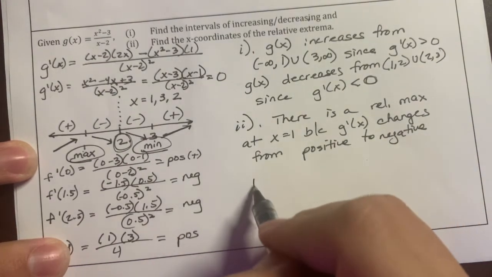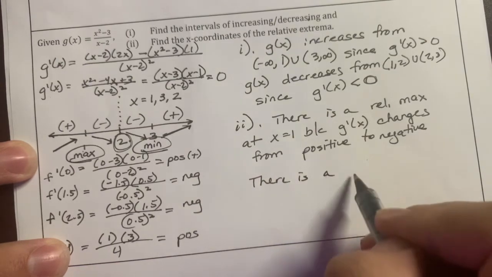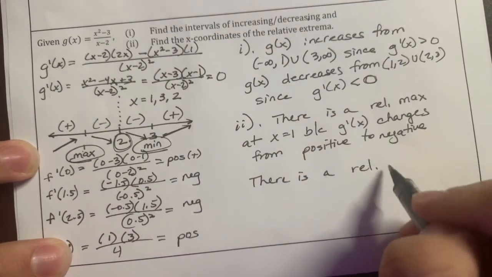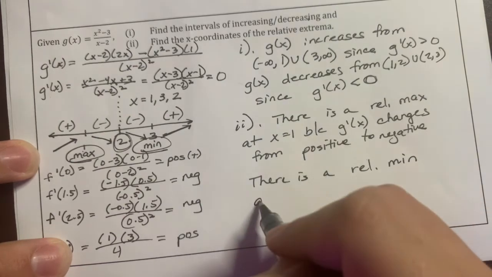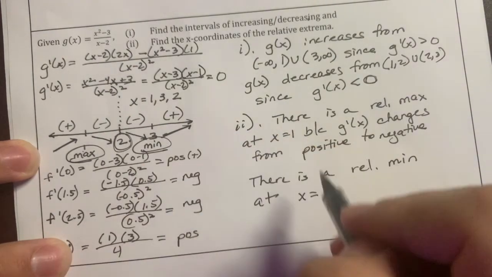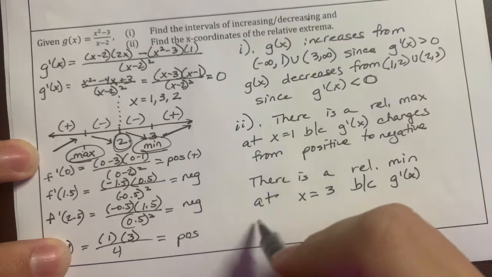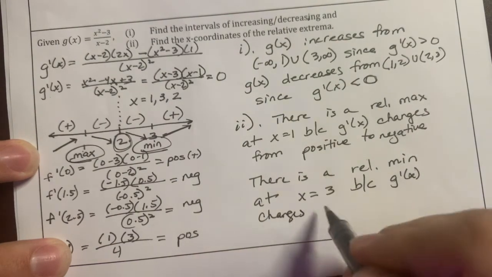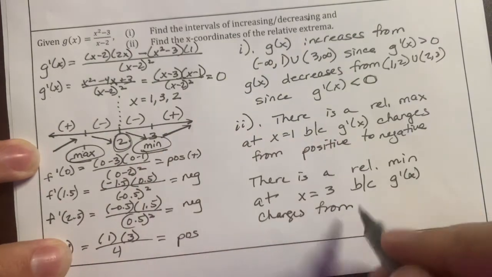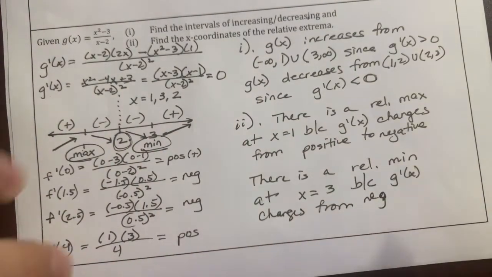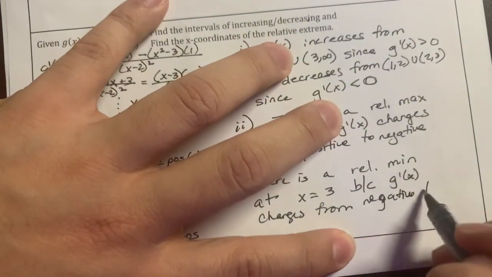And then here we're going to say there is a relative min at X equals 3 because G prime of X changes from negative to positive.